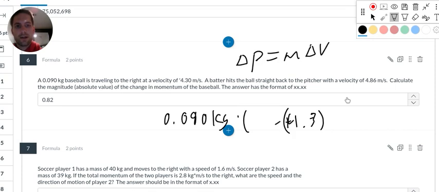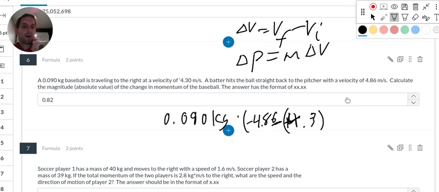Then finally, because we want V final minus V initial, that is delta V. So 4.3 minus 4.86, because that's going in the opposite direction. And when I do that, I need to remember that I'm taking the absolute value of this. The negatives are going to cancel out nicely.